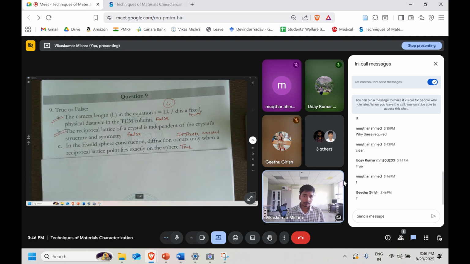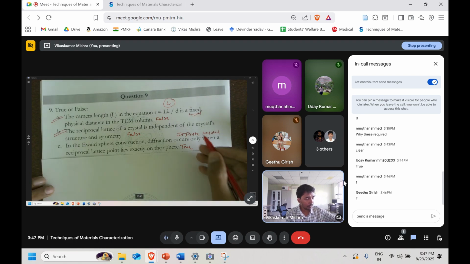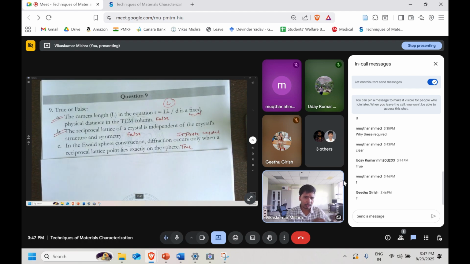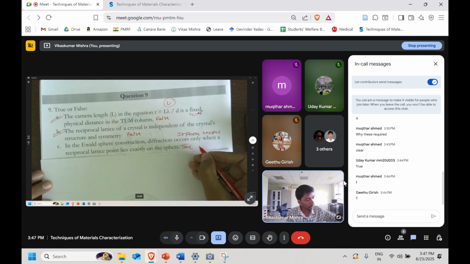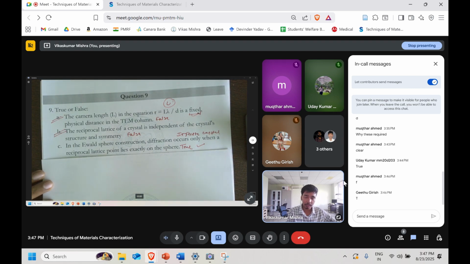We told that lying onto the Ewald sphere is a condition for the diffraction to occur. So for the infinite crystal, where there is no diffuseness in the reciprocal lattice point, we'll say that it is true, while for the finite crystal, it will be false. So the right answer for this is true if you are talking about the infinite crystal.